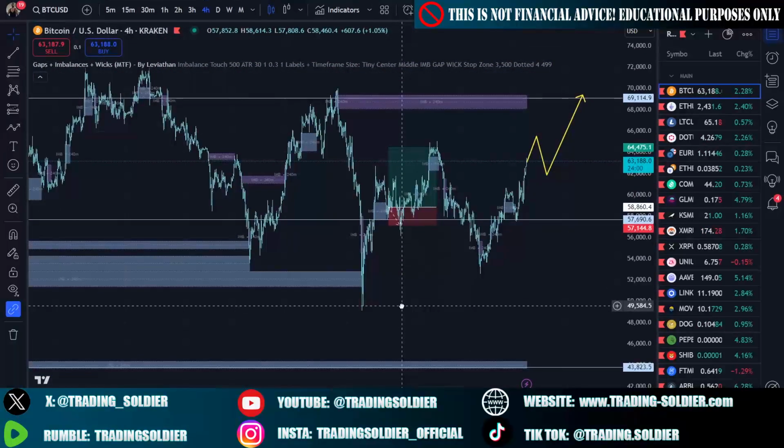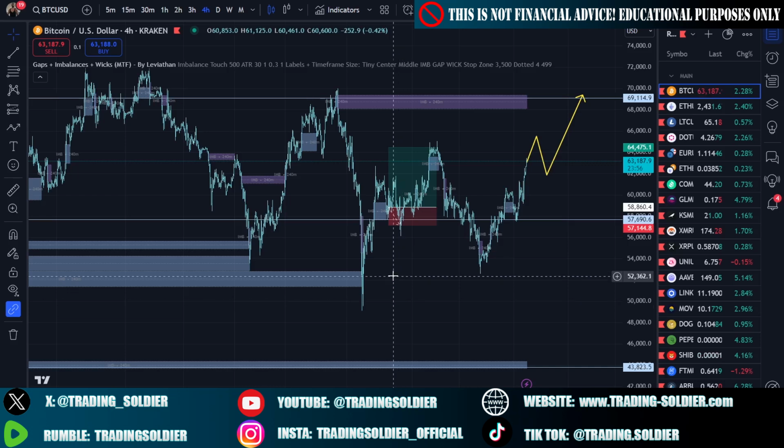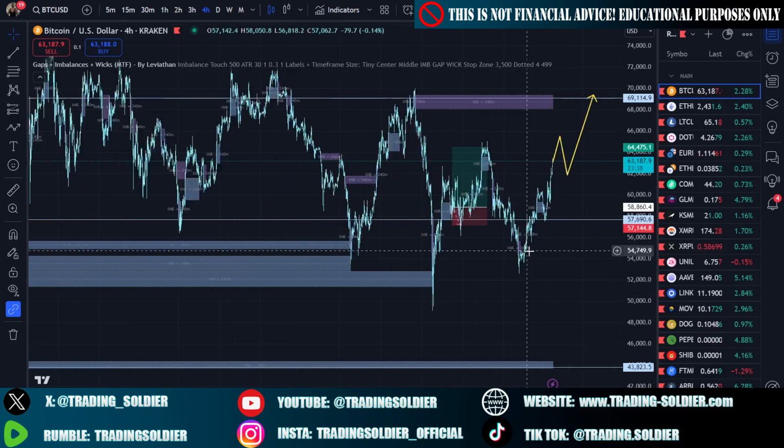You can see that the theory that I am explaining here is behaving the way that I predicted. You can use these imbalances as support and resistance areas, so high liquidity areas, so high supply and high demand areas, where there is a high probability of the price revisiting these areas.